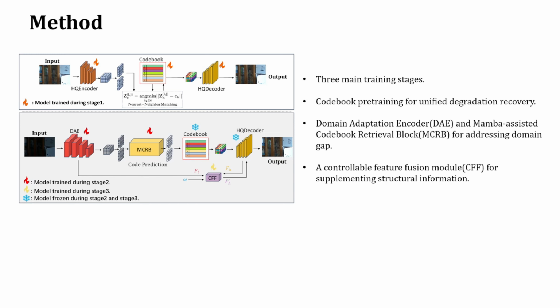We have designed a domain adaptation encoder called DAE with implicit neural representation regularization and a hybrid Mamba-Transformer module called MCRB to predict high-quality token features and adjust the domain distribution. Stage 3. We focus on training a lightweight controllable feature fusion module. The module, called CFF, with an adjustable parameter can provide a flexible balance between restoration quality and fidelity.